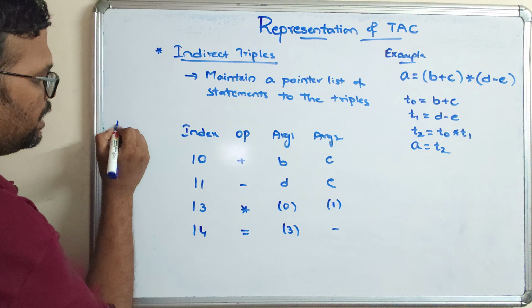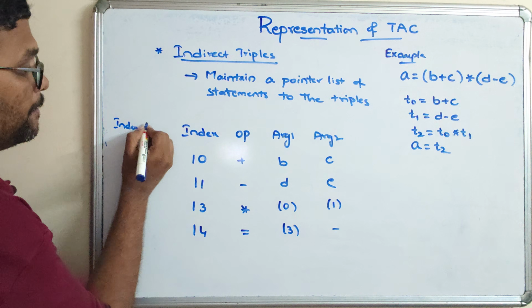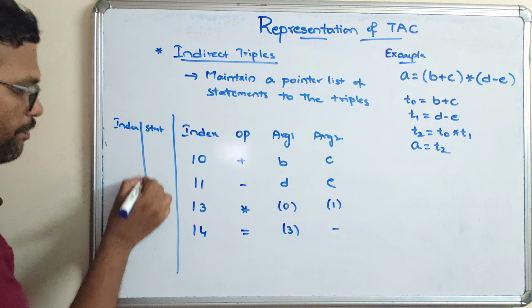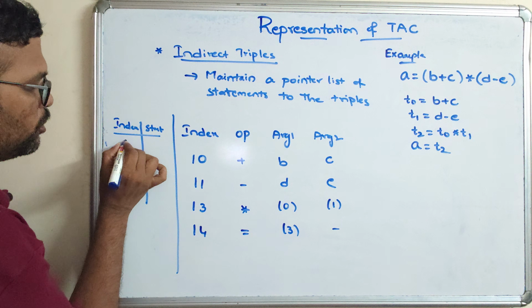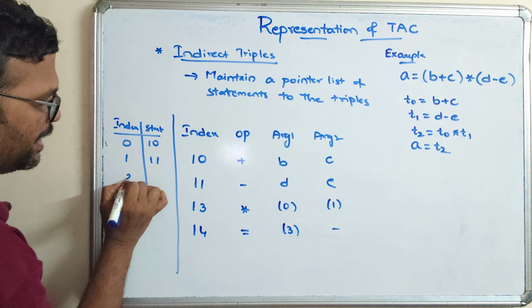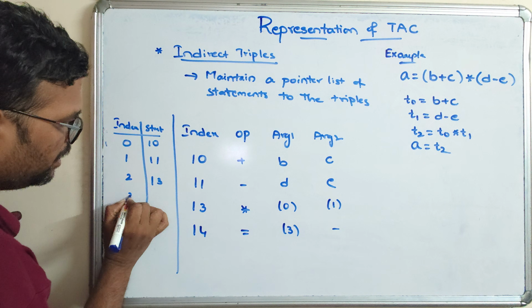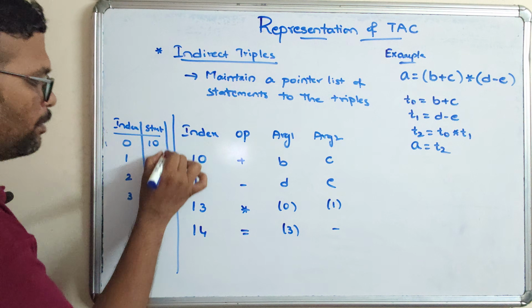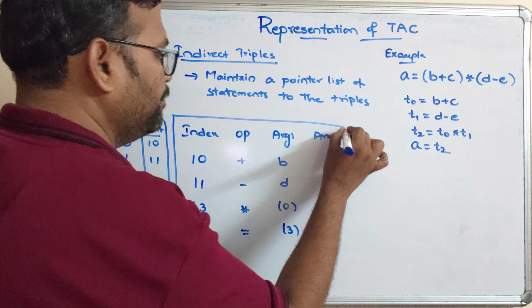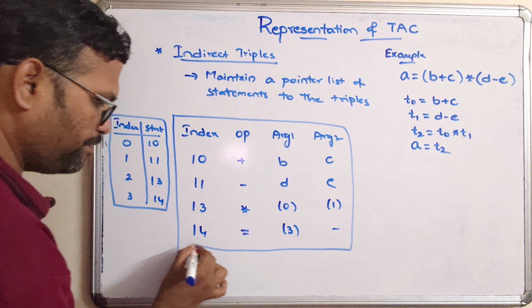So here it is an index and the statement. So 0th index 10, first index 11, second index 13 and third index it's 14. So one more table will be there other than the triples concept.